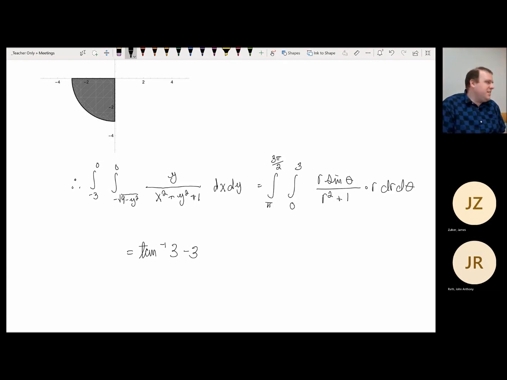When converting your differential, do not forget that extra r that appears.